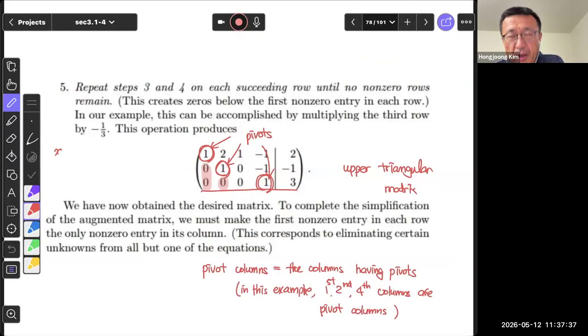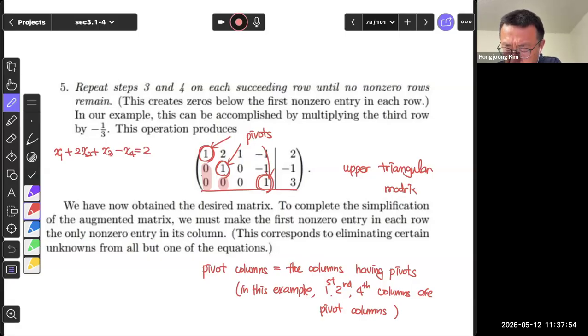So this matrix in this slide represents the system of equations corresponding to x1 plus 2x2 plus x3 minus x4 equals 2.